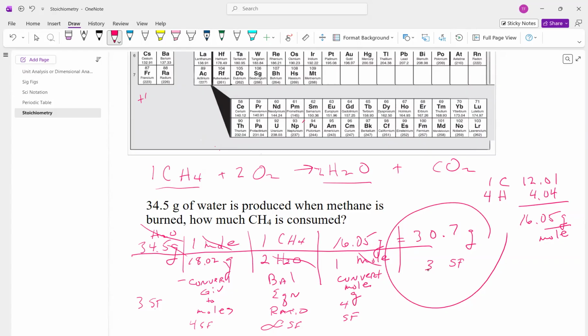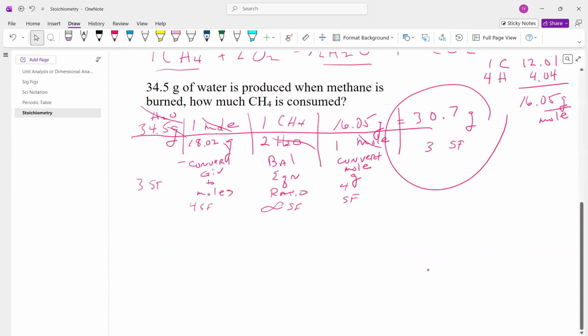You convert the moles to grams of what you're trying to calculate. So for those of you who like patterns, this is a pattern. Every one is going to be in 3 steps. Step 1 is you convert to moles. Step 2 is you do the mole ratio from the balanced equation. Step 3 is you convert to whatever you're trying to calculate.